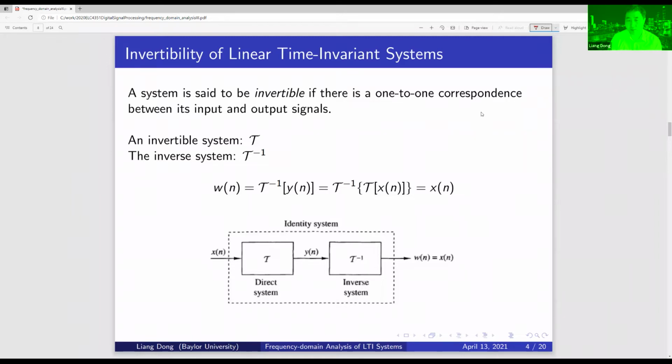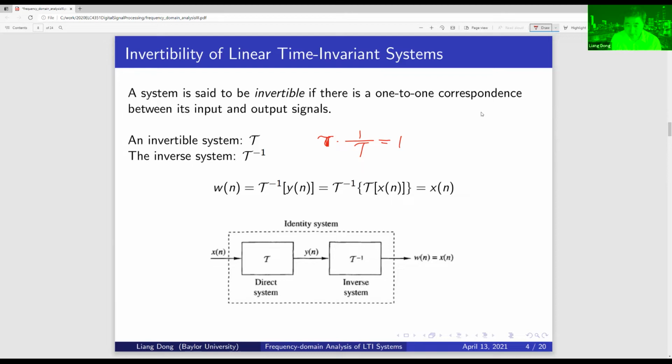And we want to emphasize that in the frequency domain, T multiplied by its inverse system should give us identity. That should be one across all frequencies. That is a constant. One is not a function of frequency, so it's constant across all frequencies.